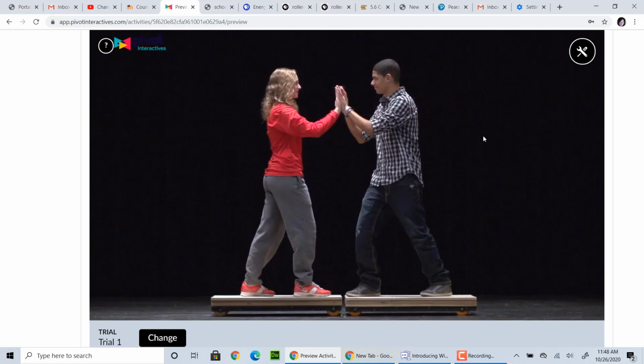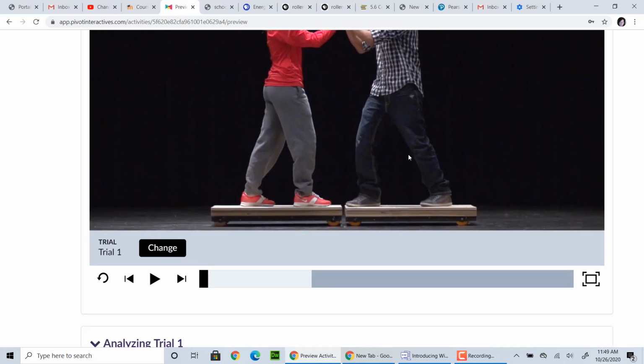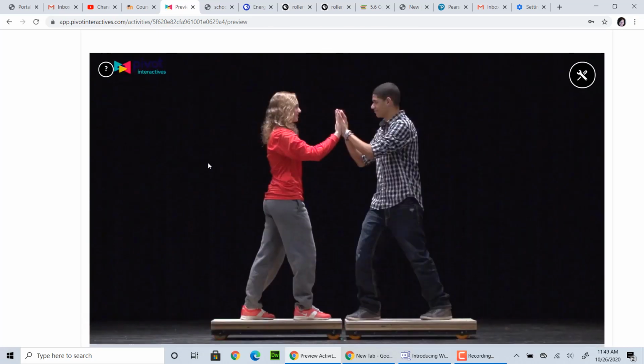So impulse equals change in momentum, and change in momentum is the final momentum, his final velocity times his mass, minus his initial momentum, which was 0. This girl is going to have an equal and opposite change in momentum to the boy because momentum is conserved in this. You can also use that to figure out the mass of an unknown person.